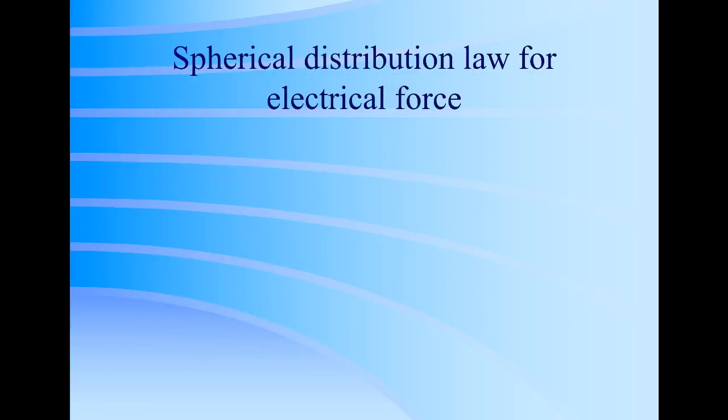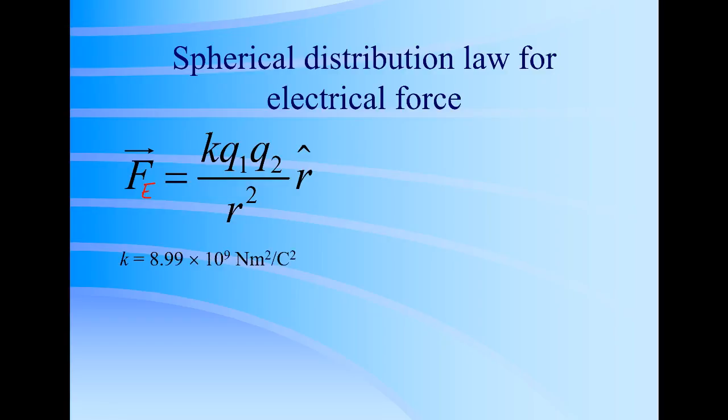But there's a similar distribution law for electrical force. And this is Fe, the electrical force, equal to k Q1 Q2 over r squared. Again, this is in the r hat direction, so that makes it a vector. Now k in this case is a much larger constant, about 9 times 10 to the 9th. And Q1 and Q2 are either spherical or point charges.